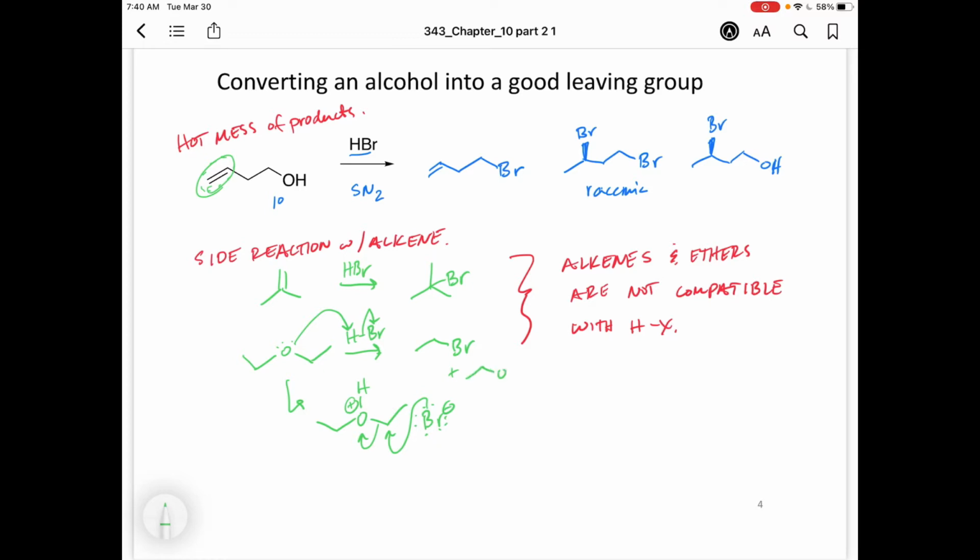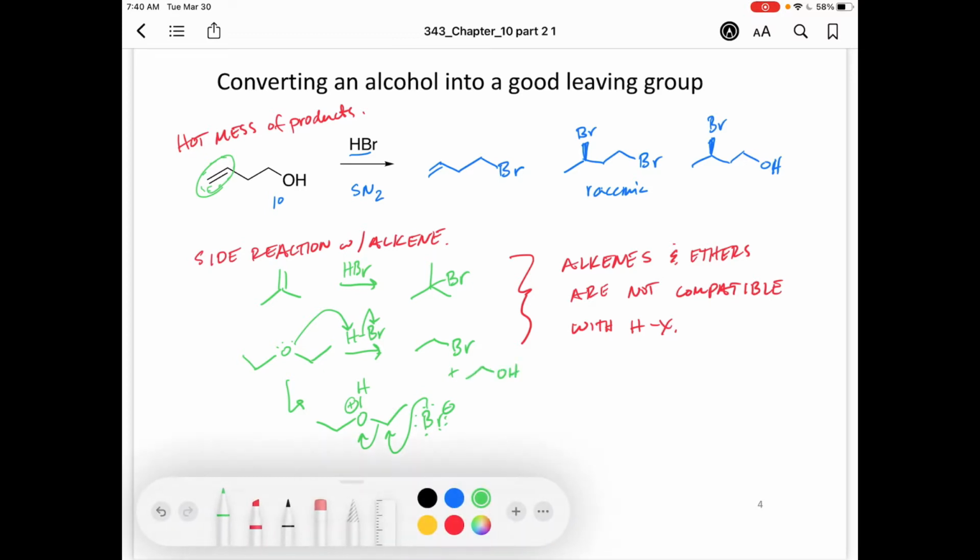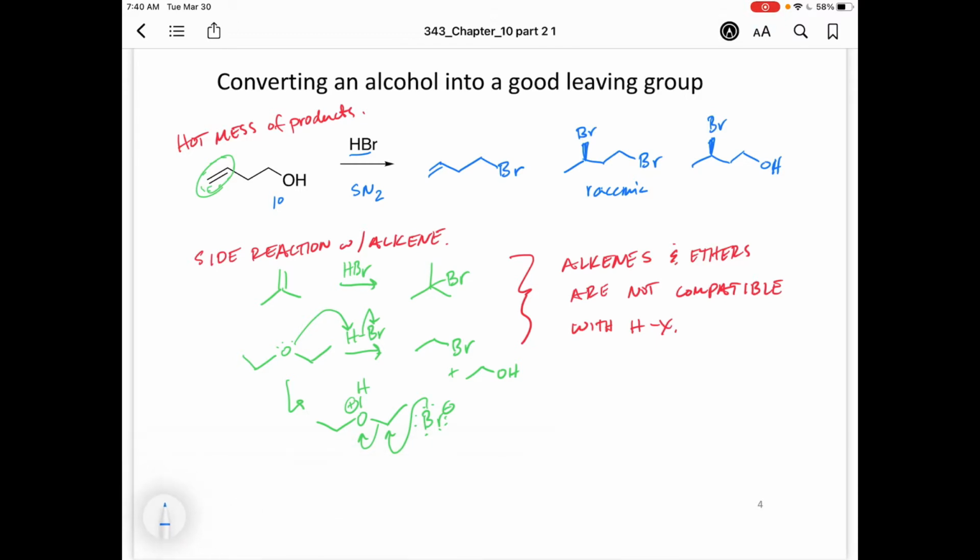Now, I bring this up because this is really talking about a new realm for us, which is this functional group compatibility, which is a really cool topic, and it's why we have to learn so many reactions. So we're really starting to dive into this. Functional group compatibility.